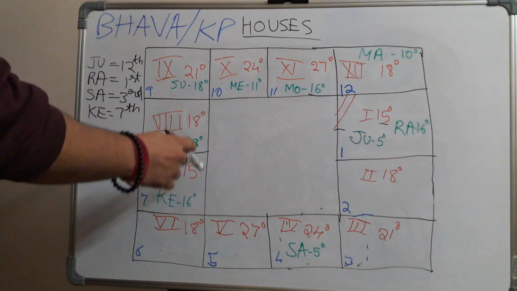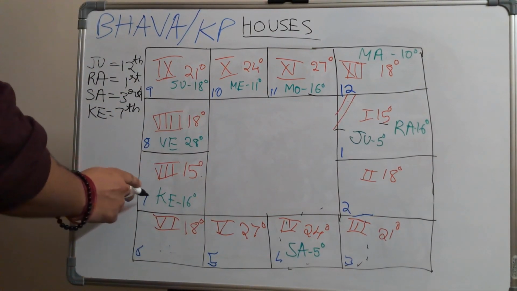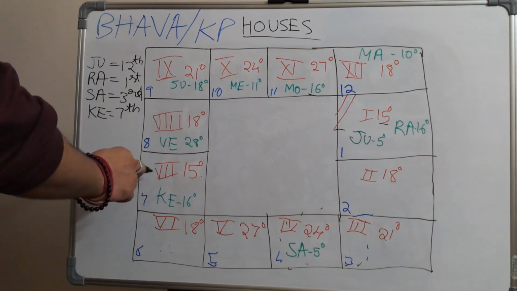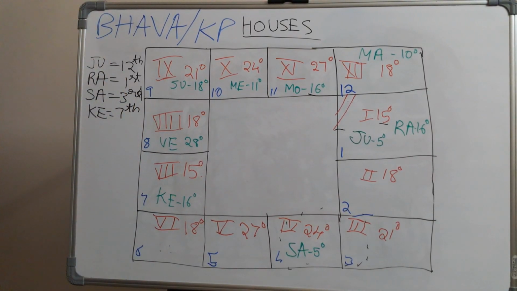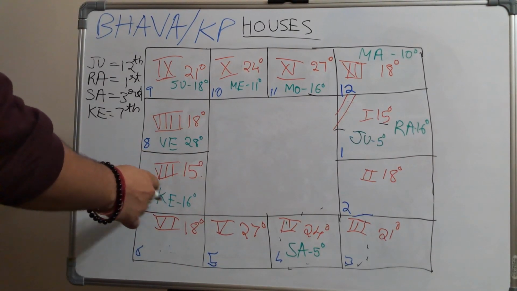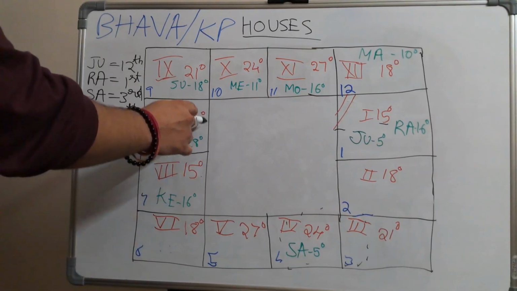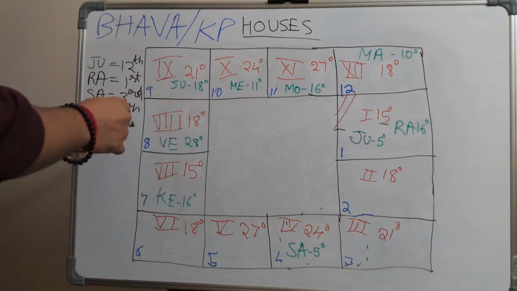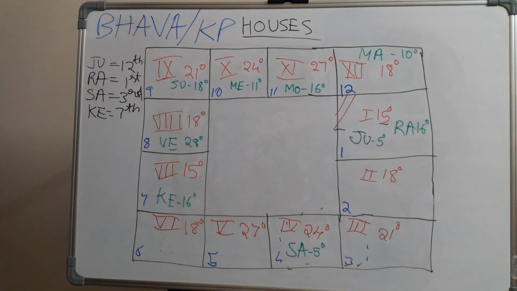Even though in the software or anywhere you check your horoscope, Ketu may be written below this particular house or degree representation, it may be just written here, but the result is from here to here. So Ketu belongs in the 7th house.